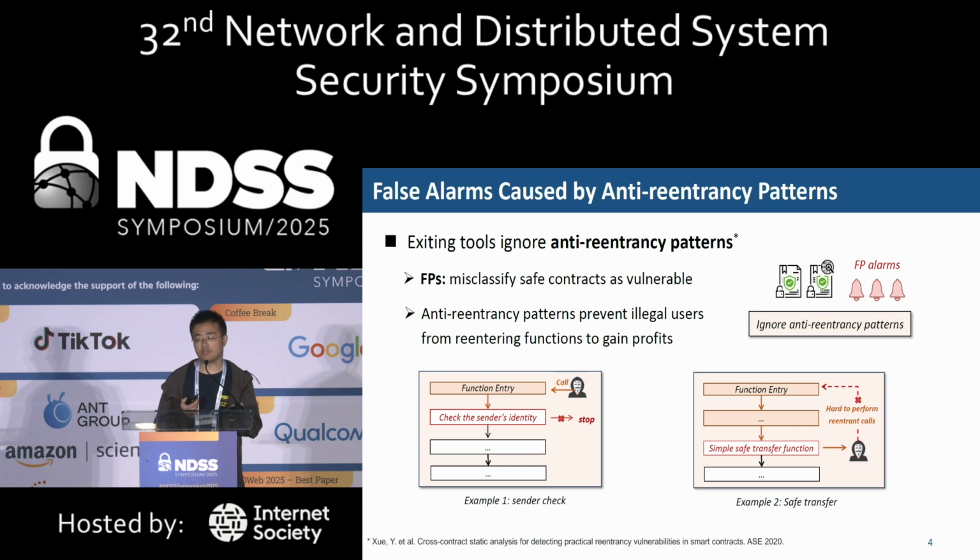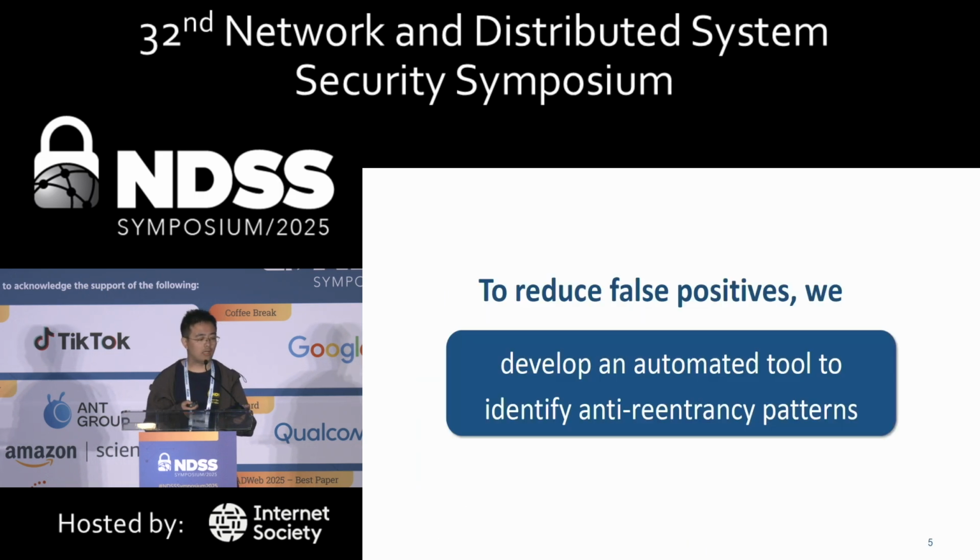These patterns place a check on the sender's identity, so if you are not the right sender, the smart contract will end. In conclusion, to reduce false positives, we should develop an automated tool to identify anti-reentrancy patterns.